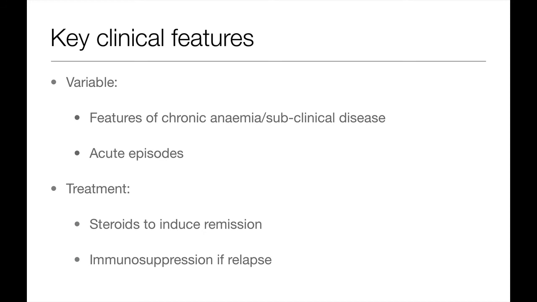And then if relapse occurs, more profound immunosuppression is often needed. Sometimes splenectomy is needed if hemolytic anemia does not improve with steroids. However, note that this is not effective for patients with cold hemolytic anemia, as most cells tend to be destroyed in the liver rather than the spleen.